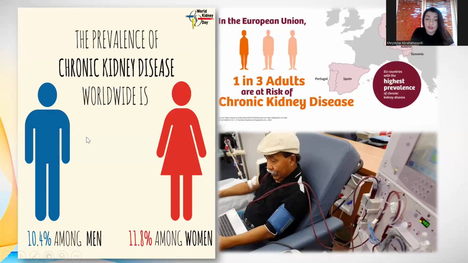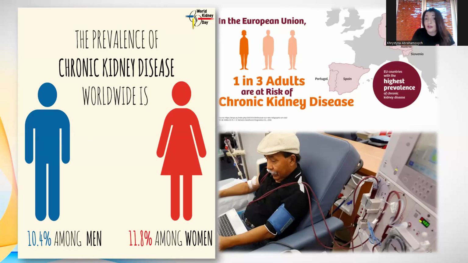Concluding the mentioned information, our task as doctors, first of all, is to prevent. Second thing, if it is not already possible to prevent, to diagnose the problem as soon as possible in early stages. Because the prevalence of chronic kidney disease worldwide is 10.4% among men and 11.8% among women.